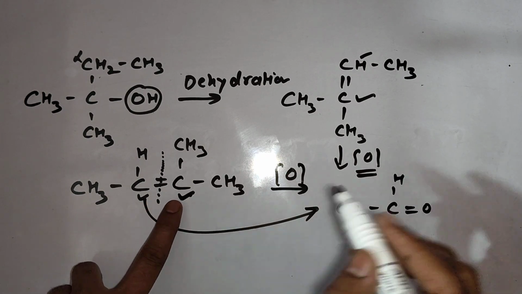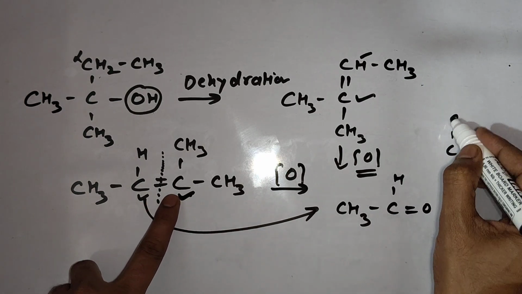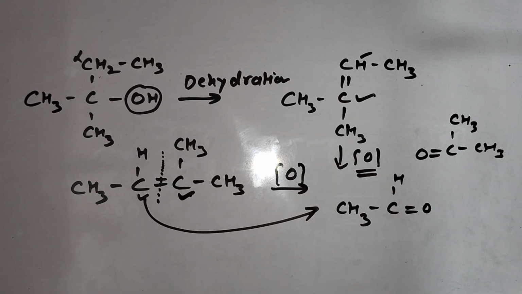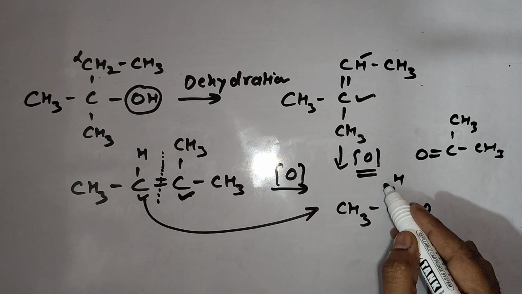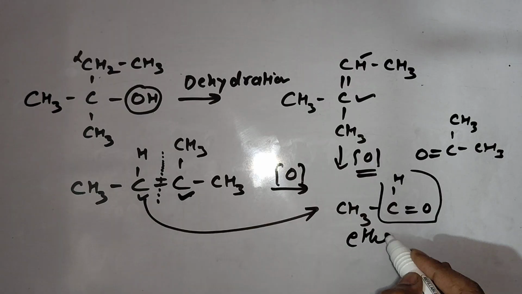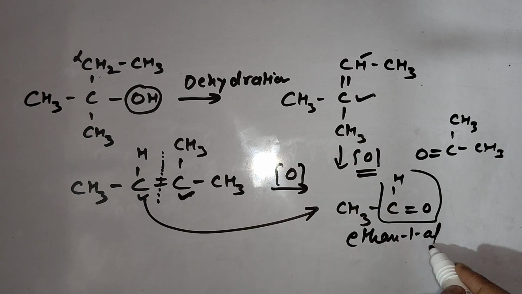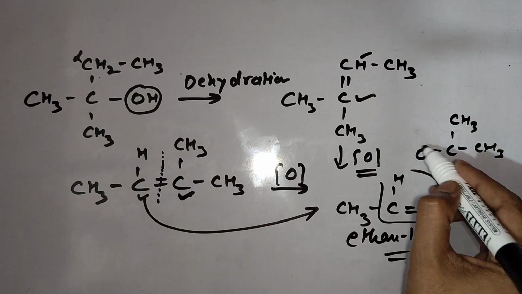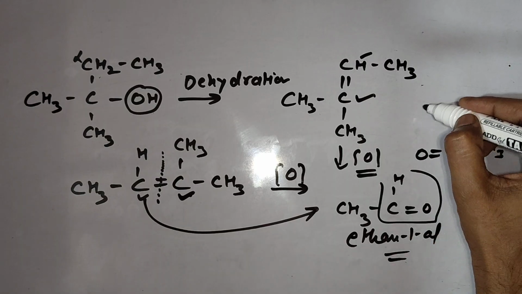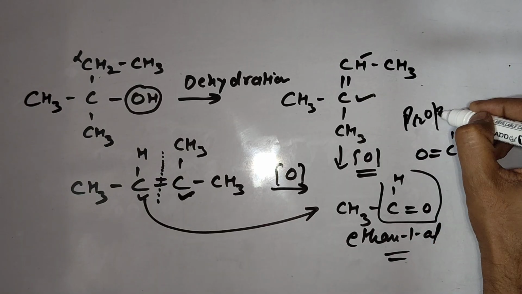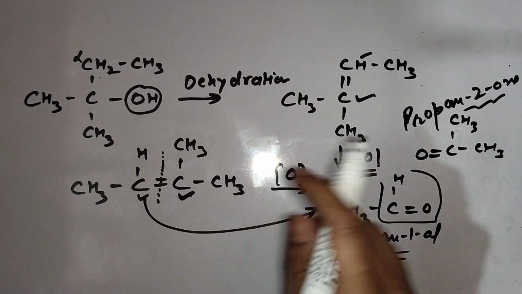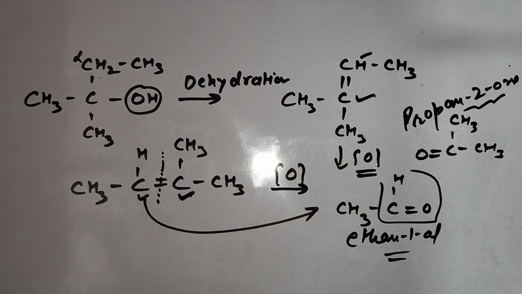This one. This carbon you will oxidize separately. That's it. Aldehyde functional group, ethane 1-al, the name of the compound. And here we are getting a ketone. IUPAC naming will be propan-2-one, or acetone, the common name of this compound.